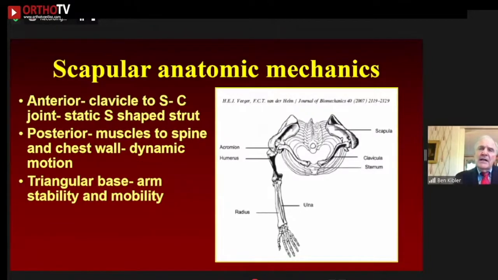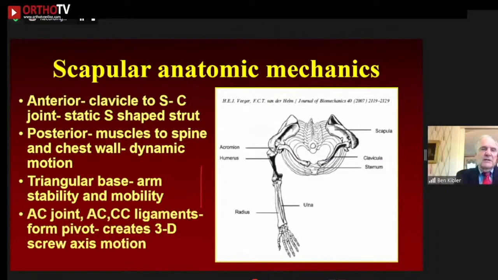This results in a triangular base for arm stability and mobility to place the arm and hand in multiple positions in space. The AC joint and the AC and CC ligaments form this stable pivot that creates this three-dimensional motion that is necessary for arm function.